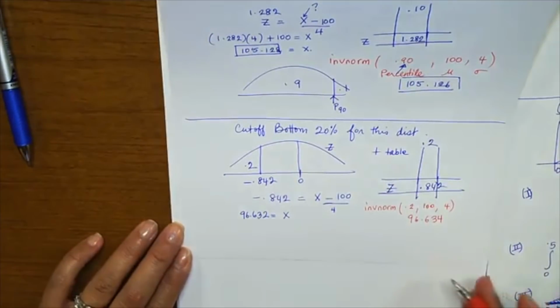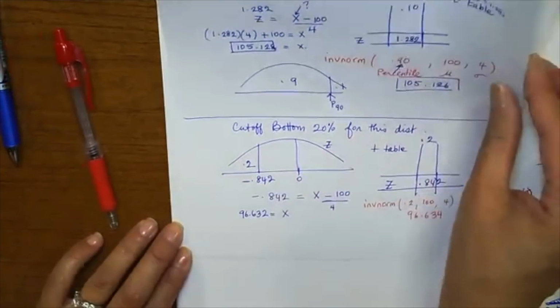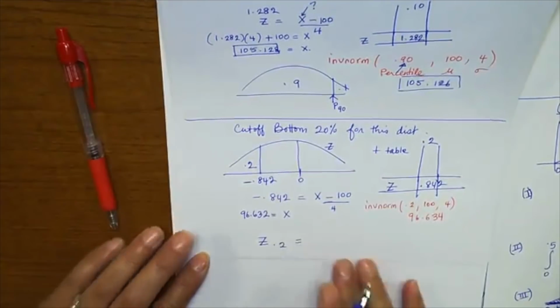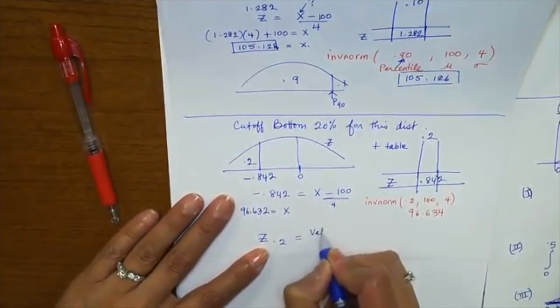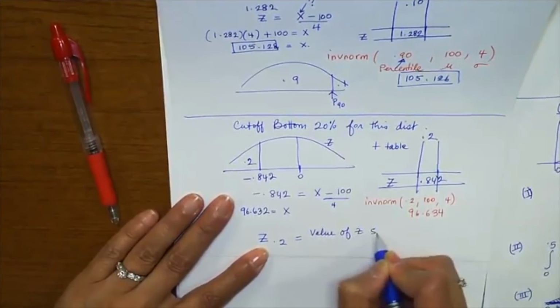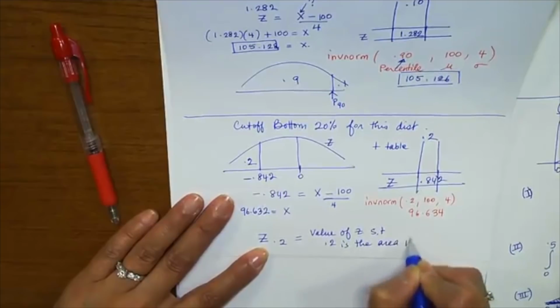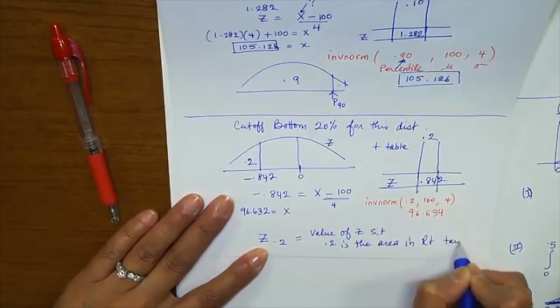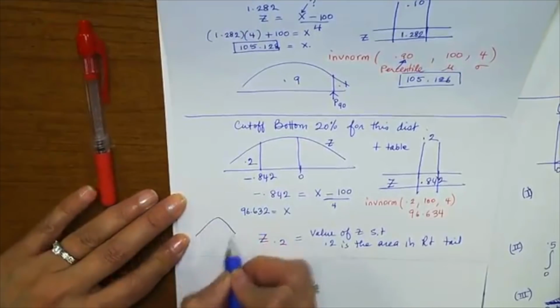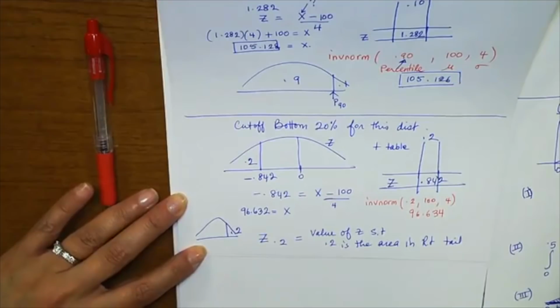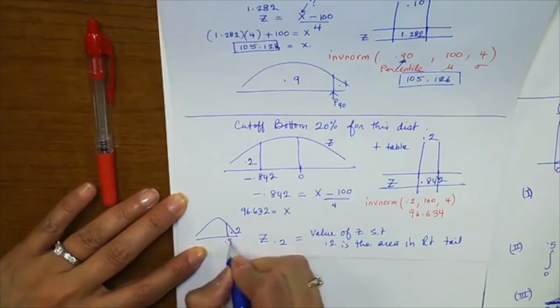Follow me? Okay, so we did that. Then the next question is, what is Z.2? Z.2 is the value such that 0.2 is the area in the right tail. So this is Z.2, 0.2. So this would be 0.842.